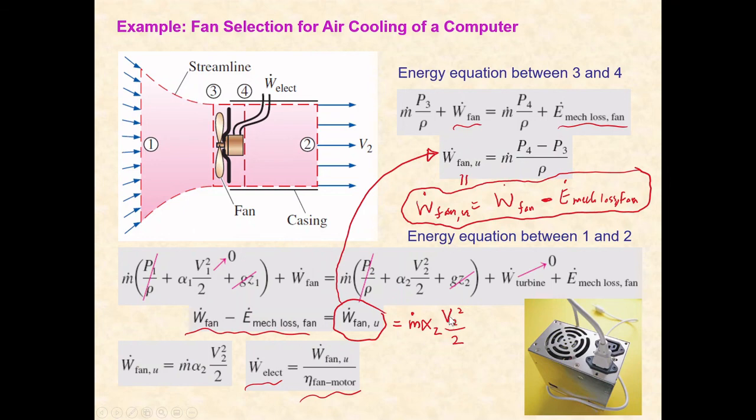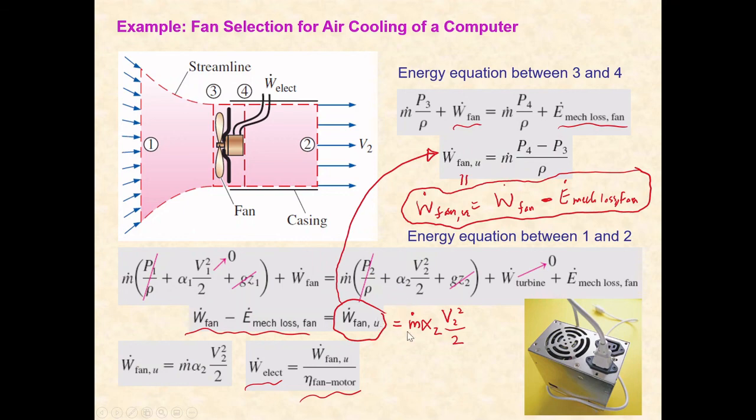Then if we know the efficiency of the fan motor, and we know how much electricity is provided to the fan, then we can actually calculate the W fan. So if we can calculate the W fan, we can estimate the velocity of the fan if we know the mass flow rate.